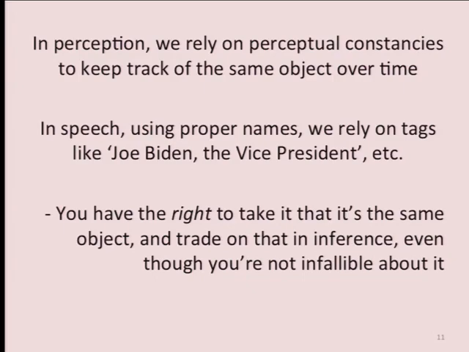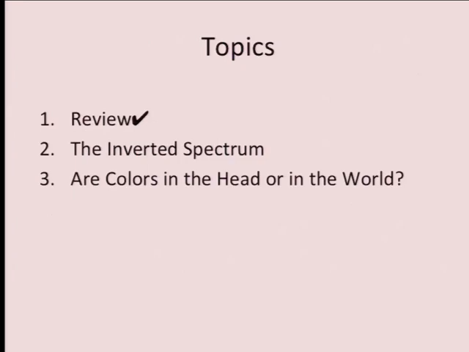Life would be very different if you didn't have that right. You don't have to articulate a premise here and then substantiate it. That's not the way it works. You just have the right to take it that it is the same object, and trade on that in inference, even though it's not a priori that you're right, and even though you're not infallible about it. Okay, so that's a quick resolution of that problem.